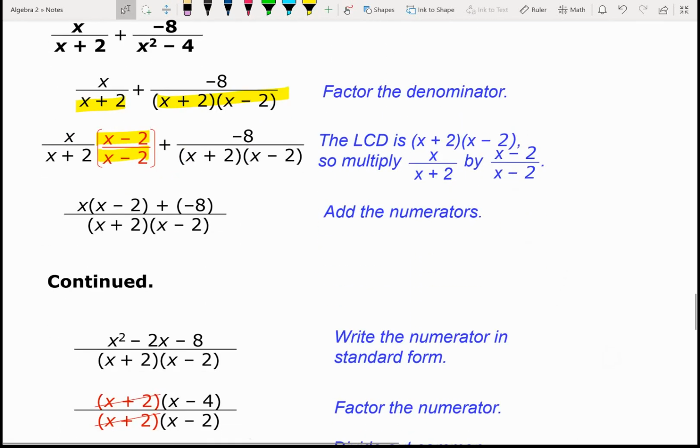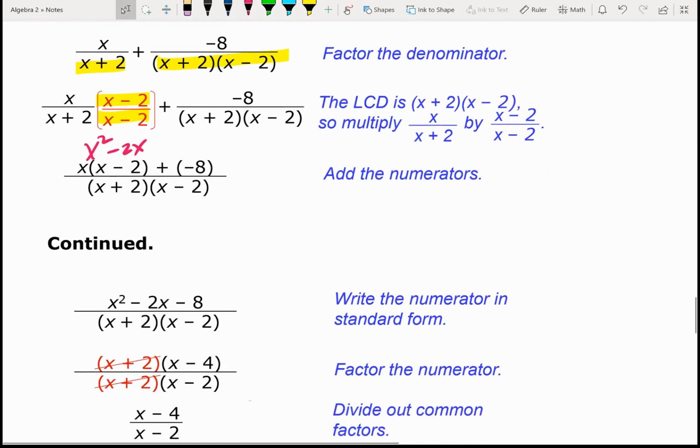When I multiply the first fraction by x times x minus 2, what will I get? I'll get x squared minus 2x. And then plus negative 8 or minus 8. So when I combine everything, I'll get x squared minus 2x minus 8 over x plus 2 times x minus 2.